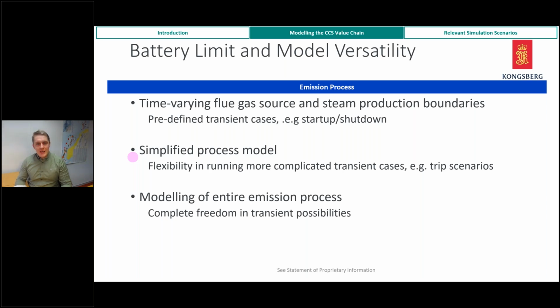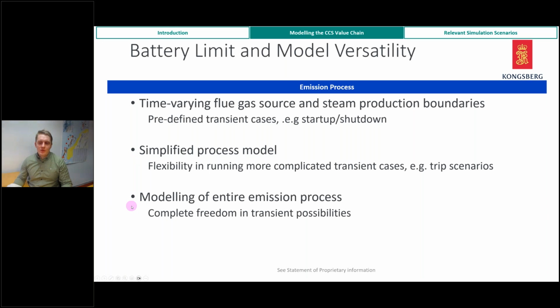How long will it take me to evaporate water once I've started the flue gas or started the turbine? And you can now look into more complicated scenarios, for instance, trip scenarios, very useful for HAZOP. You don't need to go into the full detailed modeling, but by expanding the battery limit into the emission process, you can gain more insight into how it will cooperate with the capture process itself.